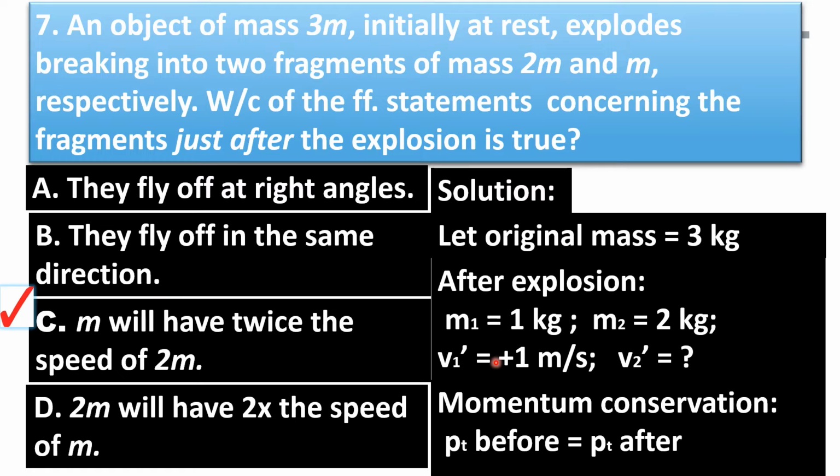Then we're going to look for the velocity of the other mass, the bigger one, after the explosion. That will be our unknown variable.